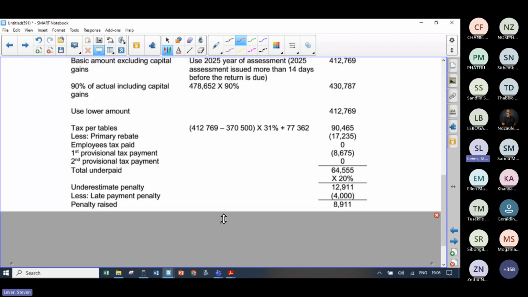What is the minimum first payment so that I don't have to pay a penalty? What is the minimum second payment so I don't need to pay a penalty? How much should I top up with my third payment? And if I paid late, how much is my late payment penalty? And if I didn't pay enough, how much is my underestimate penalty? So those are the questions.